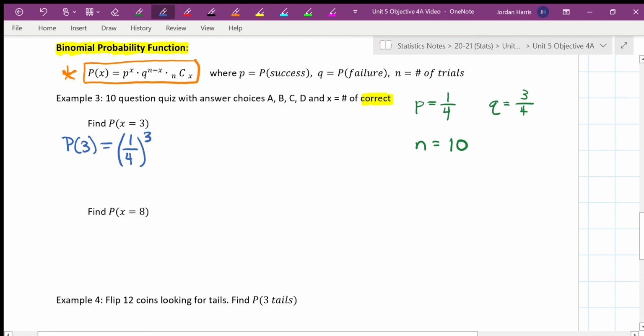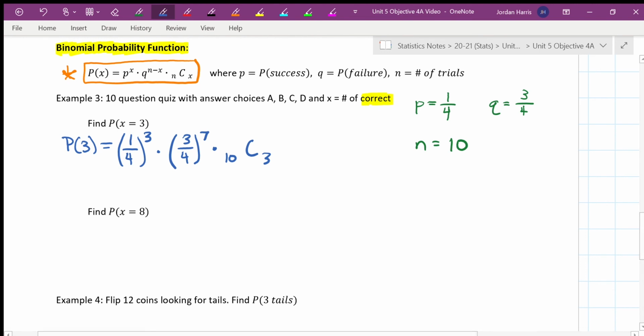We want the probability of getting 3 correct answers. That means I'm going to have my failures, and then we subtract n minus x. 10 minus 3 is 7. And notice these should always add up to your total number of trials. 3 plus 7 is 10. So a good way to check you did it right. Times n, which is 10, C x, which is 3.